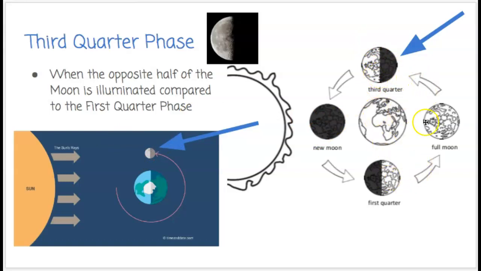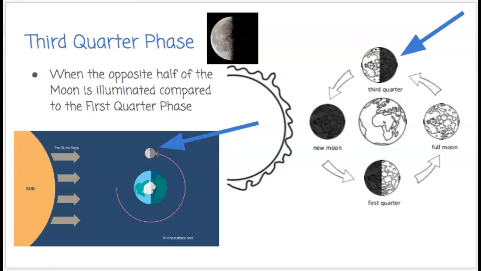And again, right here, this shows the difference between what you can see from Earth. The first quarter, the right side is illuminated, and the third quarter, the left side is illuminated. And so once the third quarter phase is finished, it goes back to new moon. So new moon, first quarter, full, third quarter. And it keeps going in a cycle, remember, every 28 days.